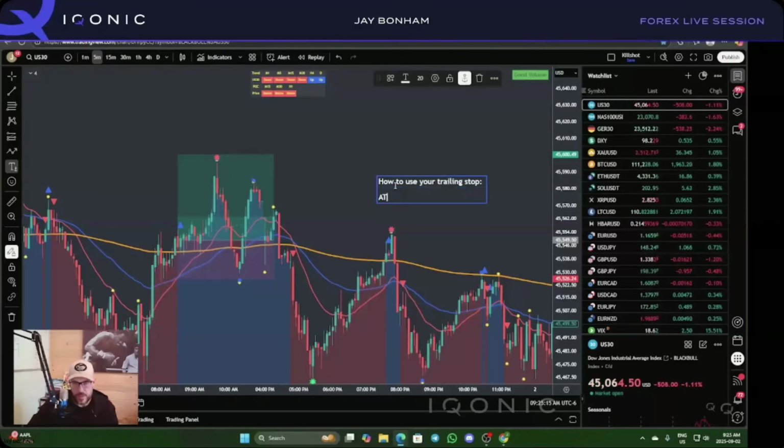Essentially what we're doing is we're trailing about 10 pips behind. Once it gets to 20, we start trailing about 10 pips behind.